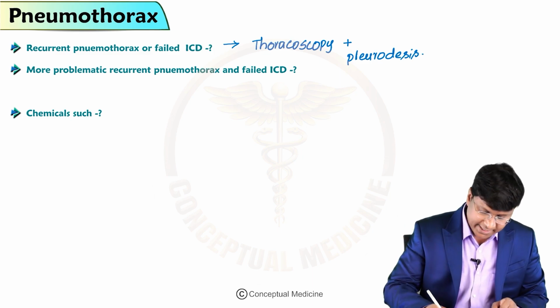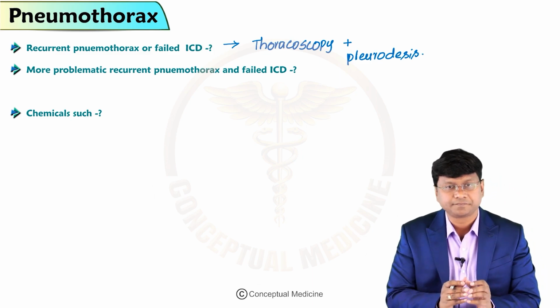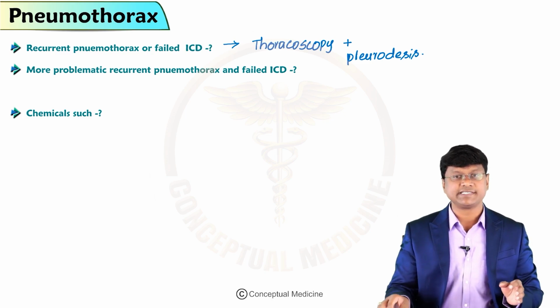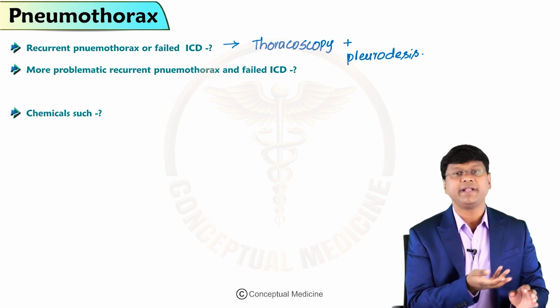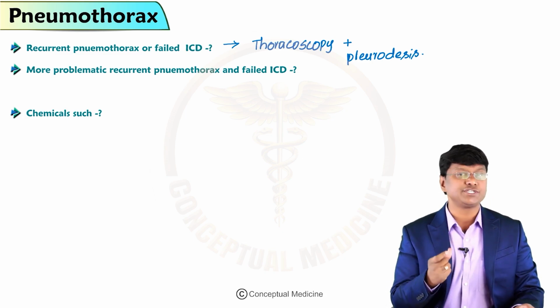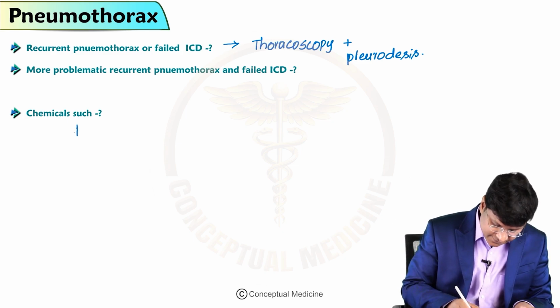Now, what is this pleurodesis? Let me explain. Pleurodesis is where you obliterate the pleural space, and this obliteration of the pleural space is done with the help of chemicals.